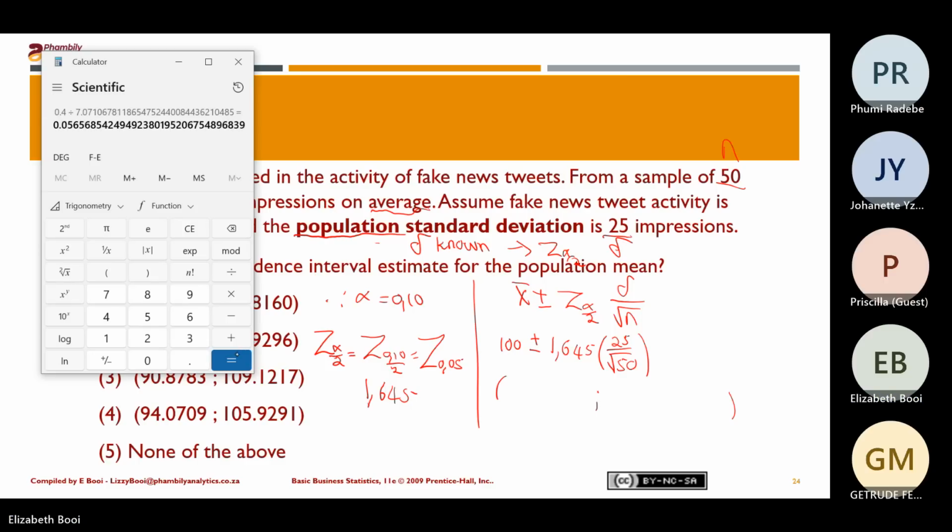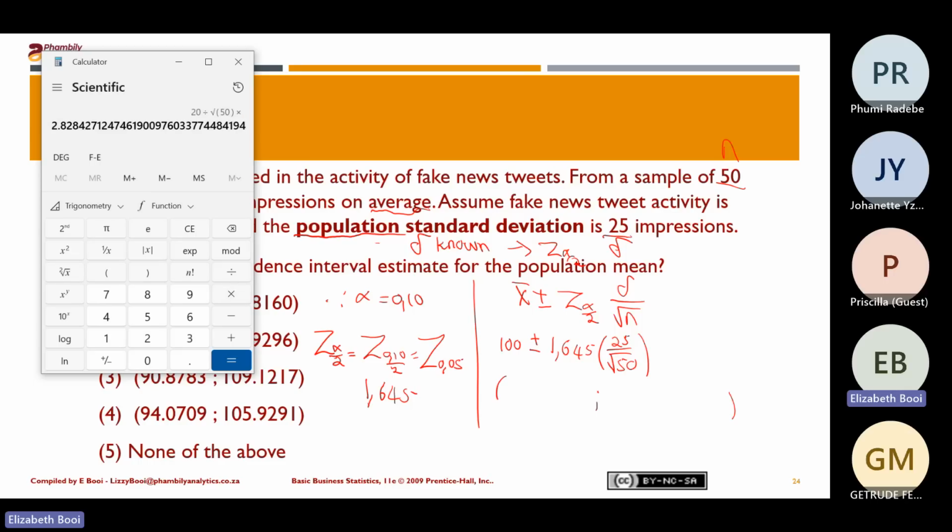I don't have to multiply twice. That's why you cannot use this kind of calculator, it's going to mess up your thing. So 25 divided by the square root of 50 is 3.5355 and all those numbers.